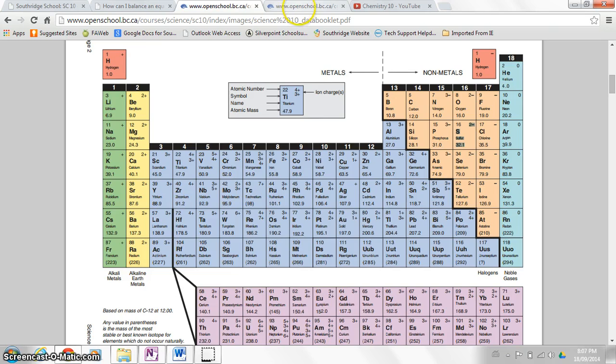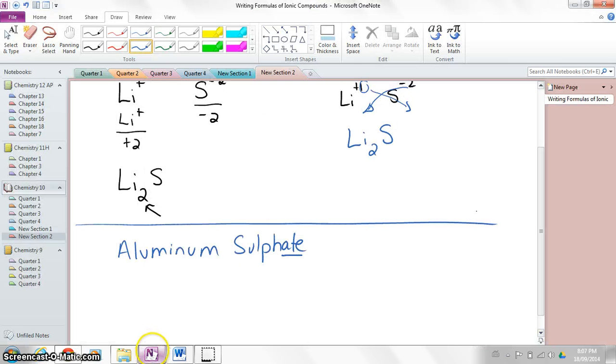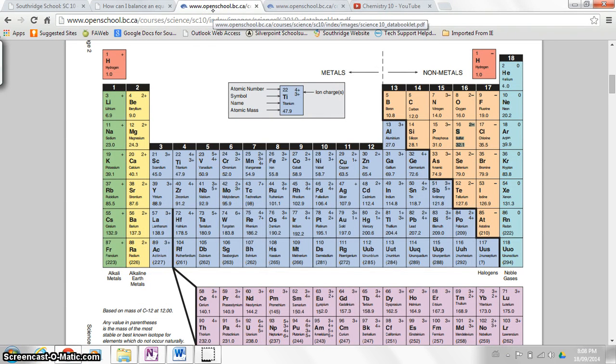So let's see if we can find the table of polyatomic ions and look for the sulfate. There it is, right there. And sulfate is SO4 with a -2. Aluminum has a +3 charge, and you'd find that on the periodic table. Where's aluminum? Aluminum is right here.